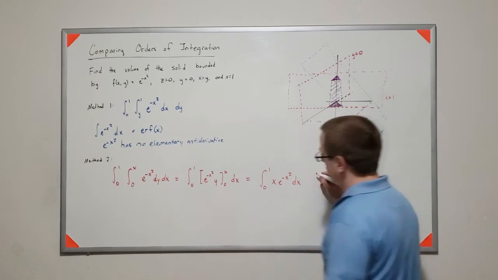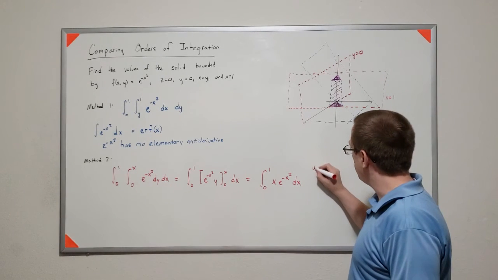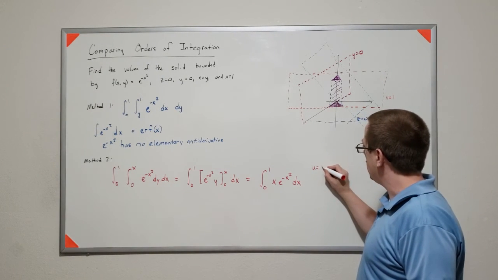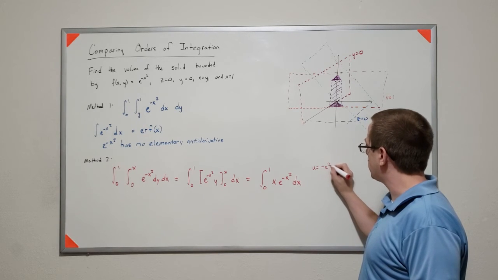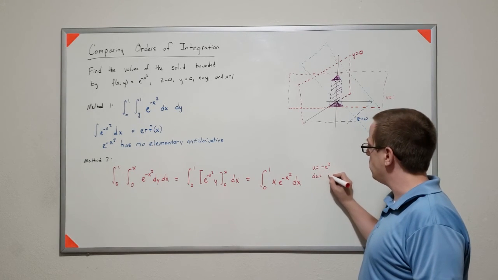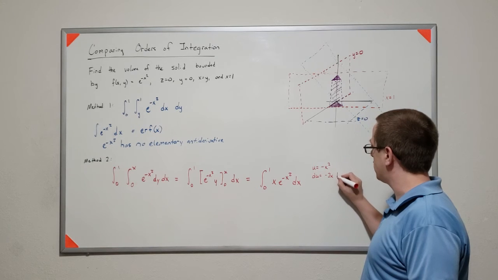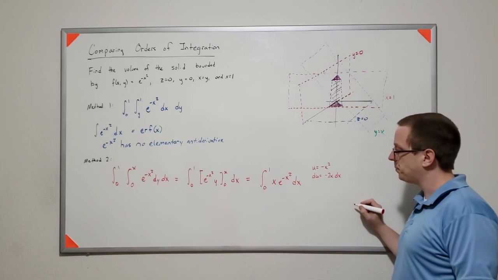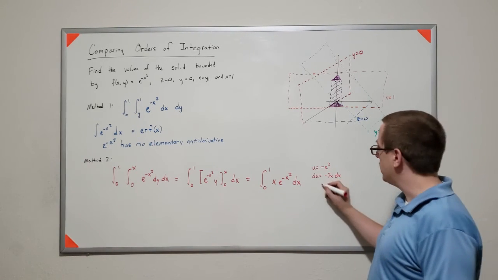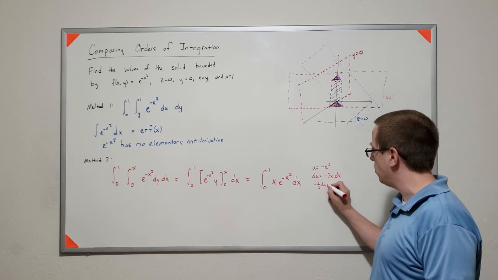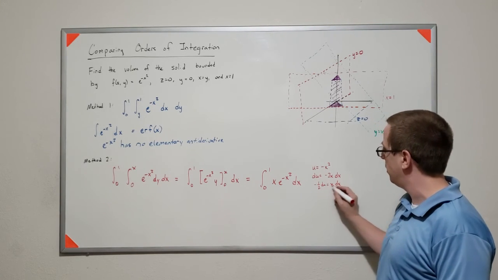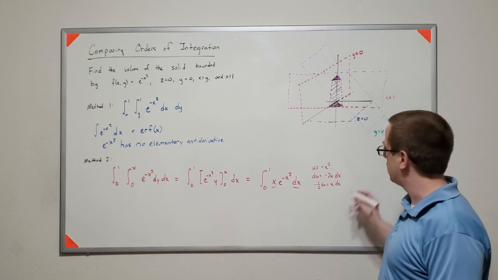Then I can let u equal negative x squared, du equals negative 2x dx. Or I can say negative 1/2 du equals x dx, because I have an x dx.